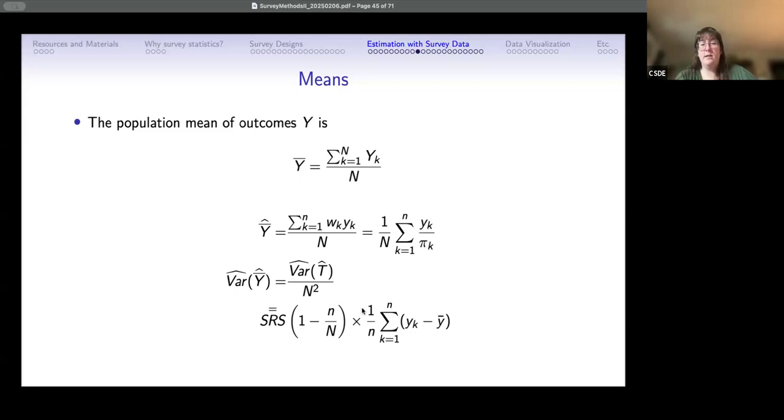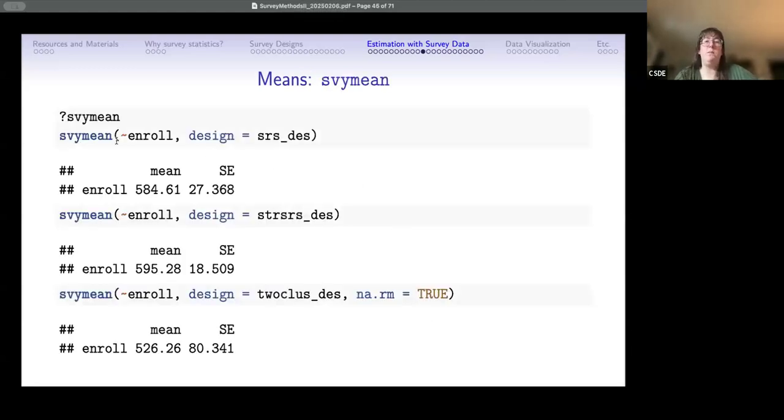But otherwise, this looks just like the standard error that we would use for a regular simple random sample mean times that finite population correction. There's a svymean function. And so if we wanted to know the mean enrollment per school, just before this, we estimated the total enrollment for the schools.